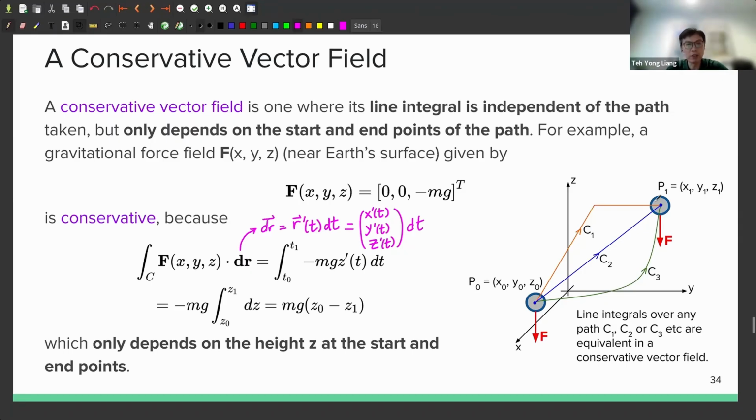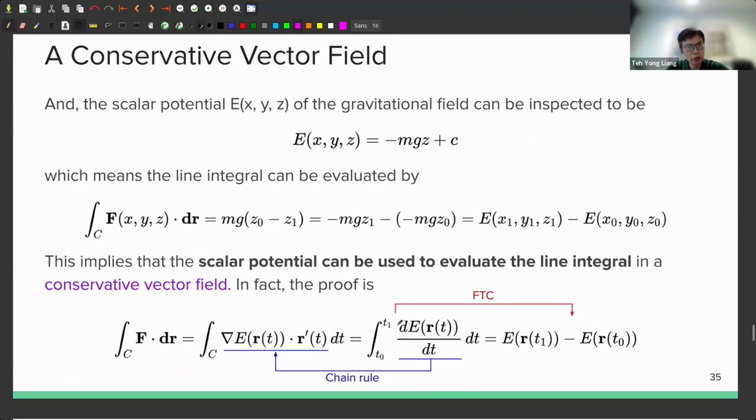Okay, so path independent. So for a conservative vector field, let's talk about the scalar potential, because when the vector field is conservative, it is also called the gradient field. We talked about that in the earlier lesson. So what is the scalar potential of the gravitational field?